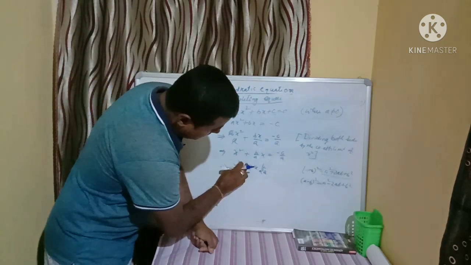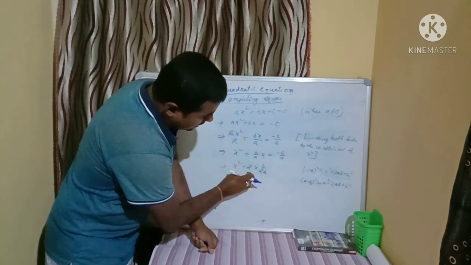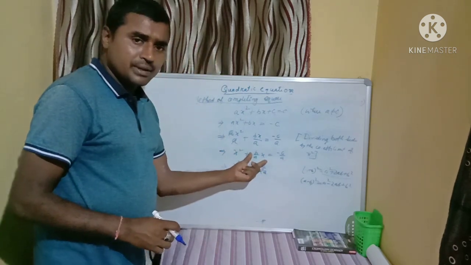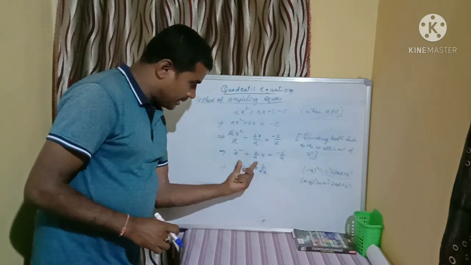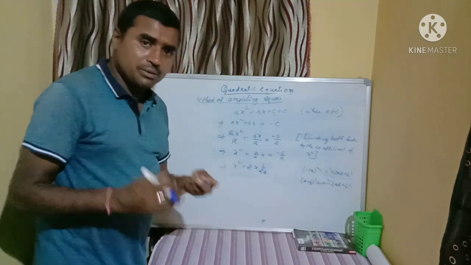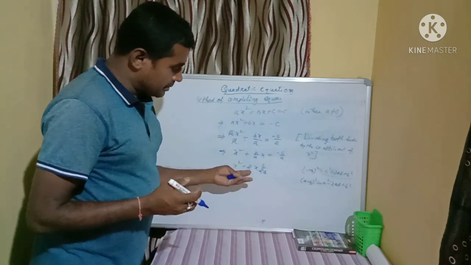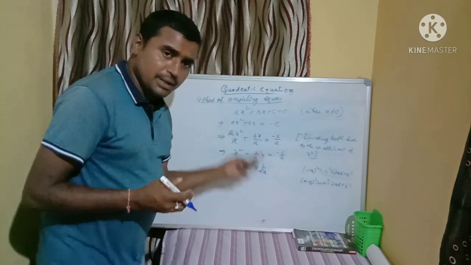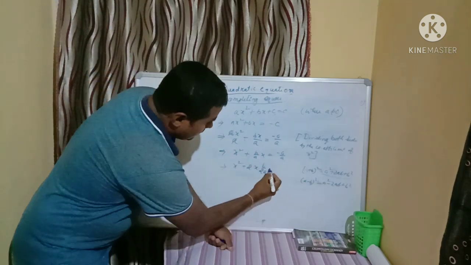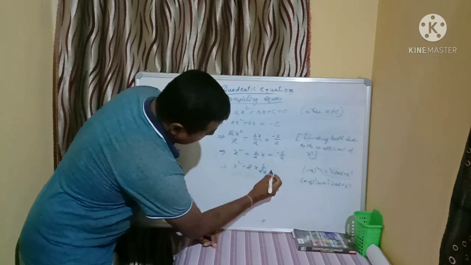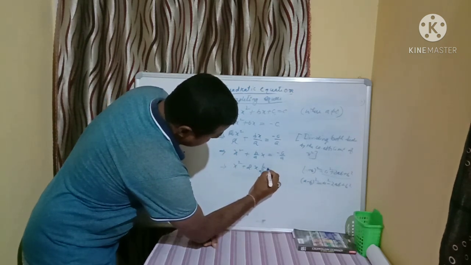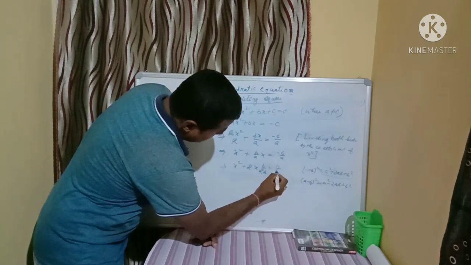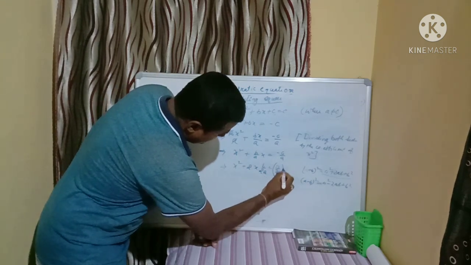Now if you cancel 2 and 2, the whole term becomes b by a x. That means our term remains the same. Thus we make b by a x as twice ab. How do we make twice ab? 2 dot a and b is b by twice a. Then twice ab, then plus b square. What do we get for b? b by twice a. So write b by twice a whole square.